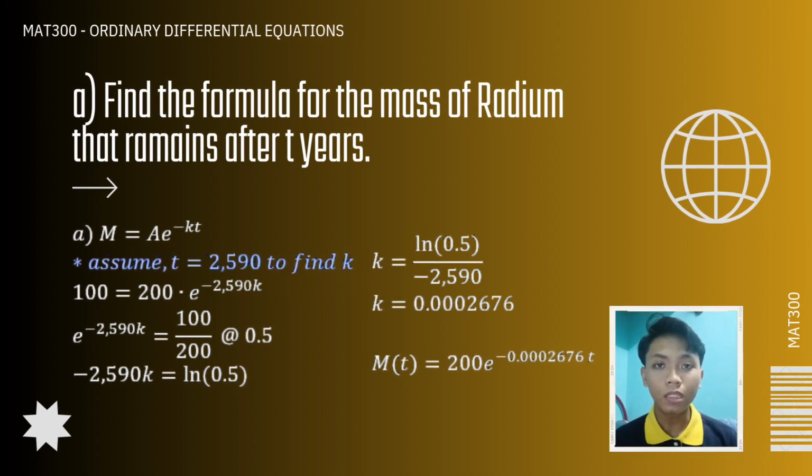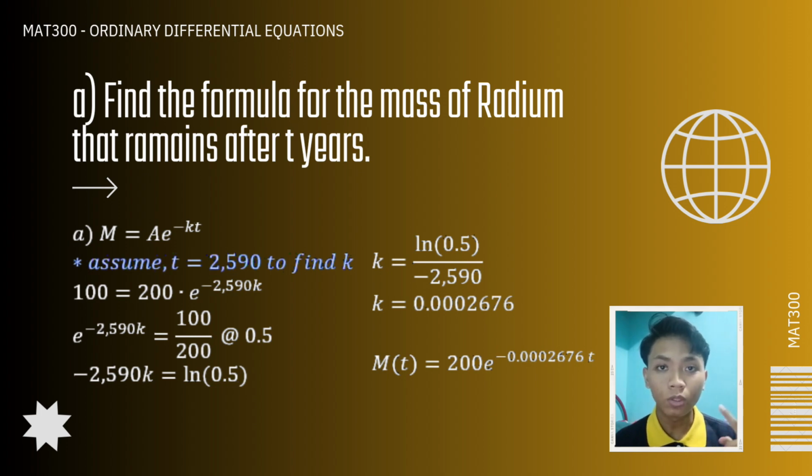Why? Because we already know the mass at that time is 100 mg. So we substitute into M equal to A exponential negative kt, with 100 equal to 200 exponential negative 2590k.